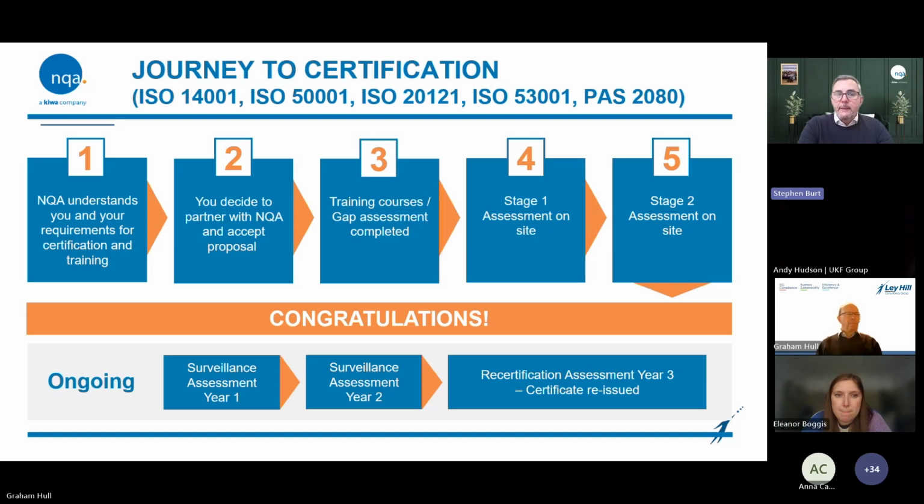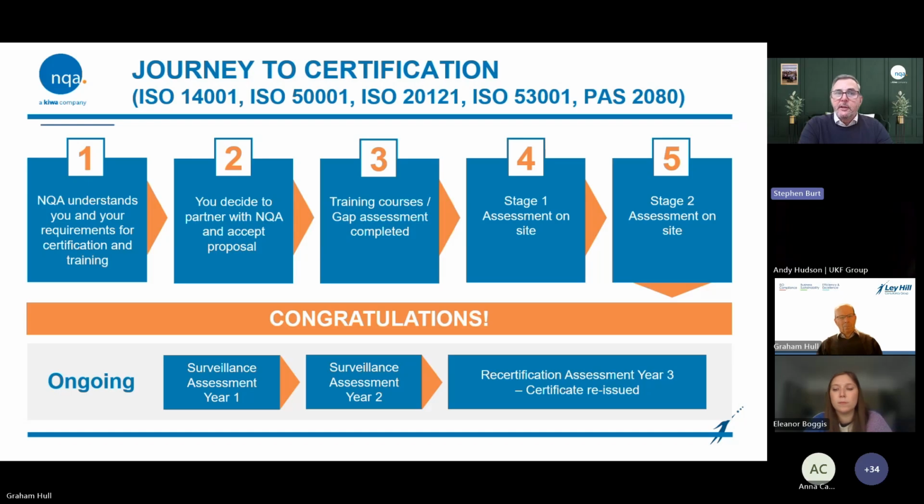So let's talk about certification first. When we are accredited by UCAS to provide certification services, this is for management system standards. And Graham mentioned those generally are the ones that end in 01, but not always. So we provide certification services to certify that the management system is in place, it's being maintained, and it's subject to continual improvement.